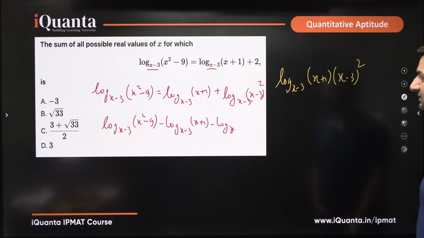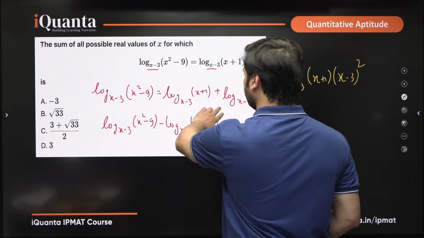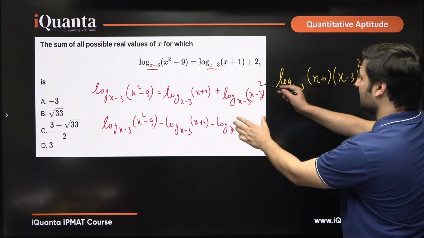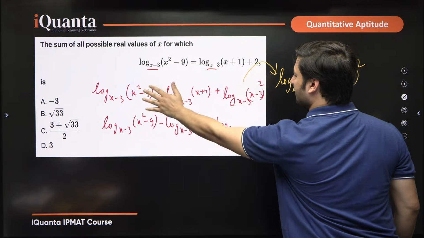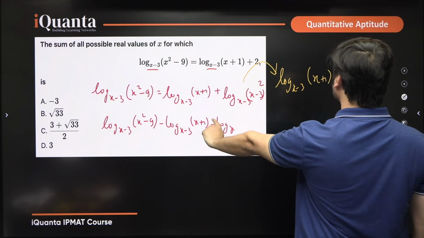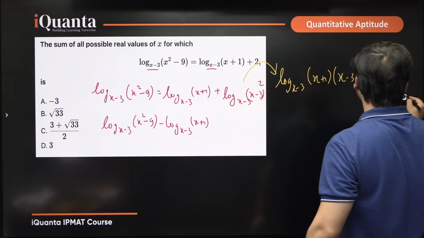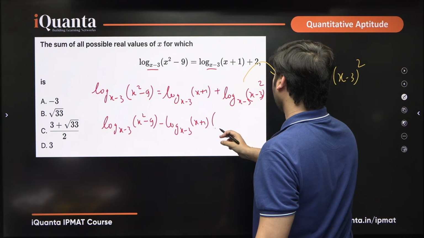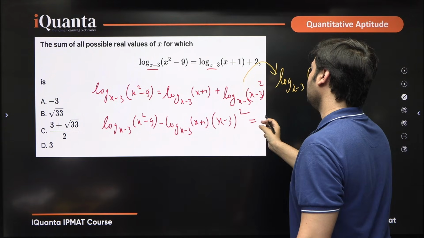I can do that, isn't it? So, instead of bringing these two here, I'll first write this in the right hand side like this, and then take this to the left hand side. So, I'll get log base x minus 3 of x square minus 9 minus log of x plus 1 into x minus 3 square, and this is equal to 0.